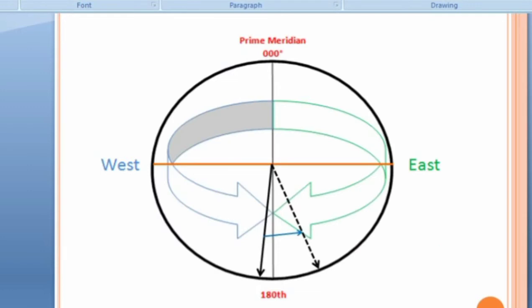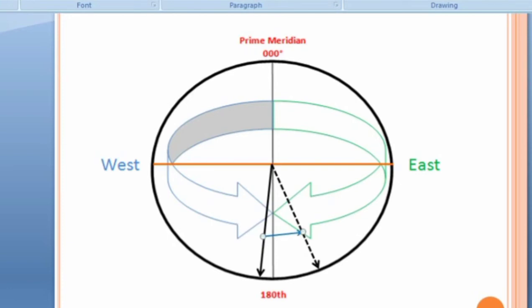So how much would be the remaining value to reach 180? It took only 1 degree and how many seconds, and then after that it will be already on the opposite side. Alright? So that would be the explanation.